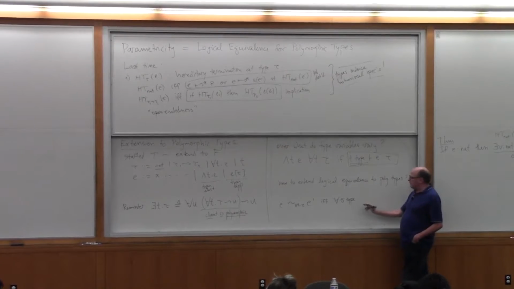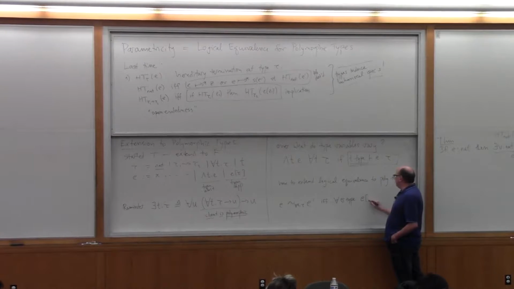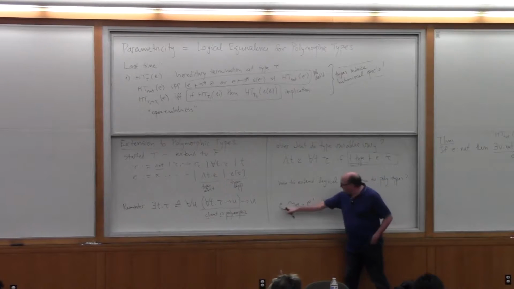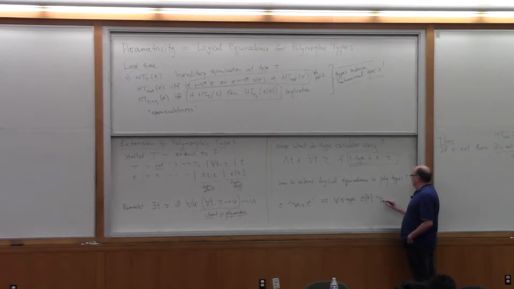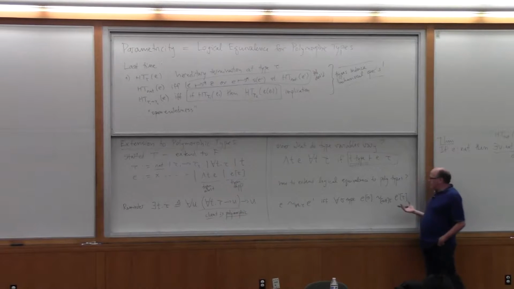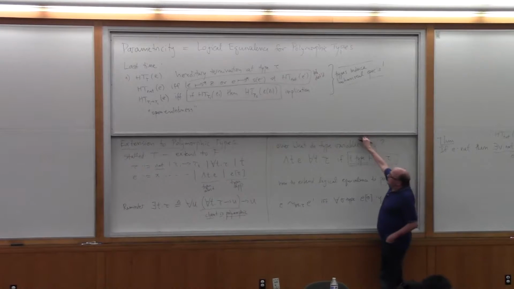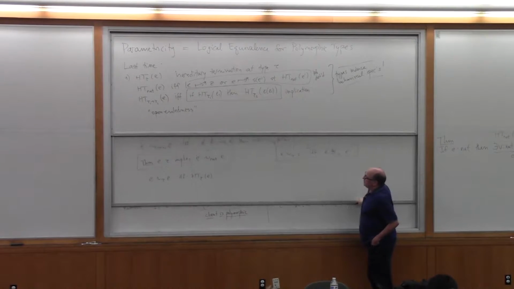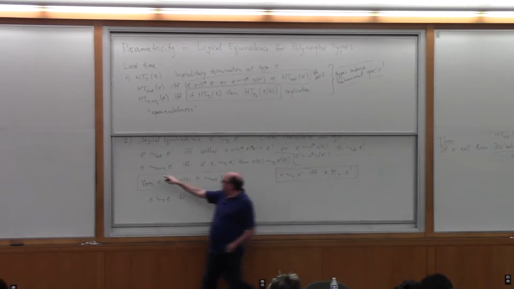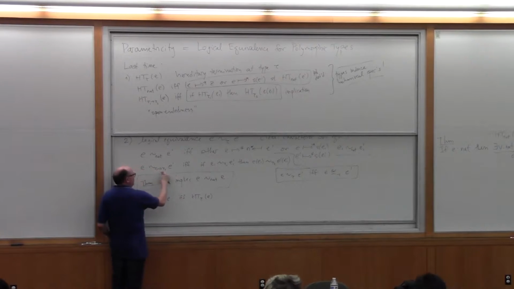So for any type sigma, I would expect E applied to sigma, because you see E and E prime are polymorphic, should be related at type tau, with t replaced by sigma, to E prime applied to sigma. This is exactly what you would think, because you see it follows the pattern, which is inconveniently obscured here. For functions, it's some kind of a function. It takes an argument, it gives a result.